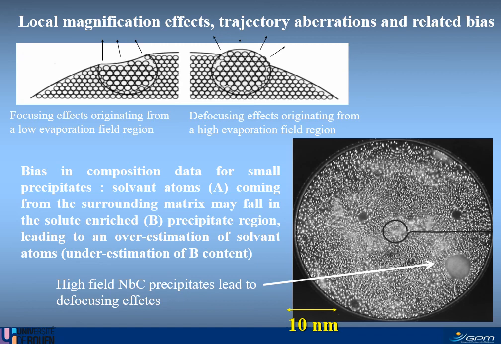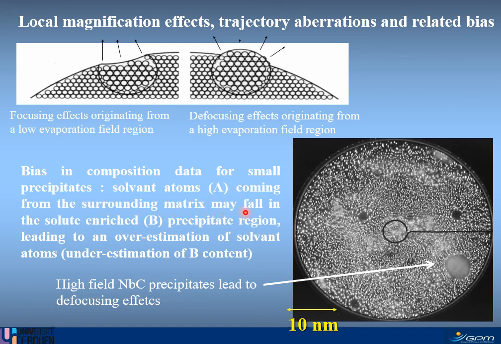So this is the first effect: your reconstructions will not be accurate. But the second consequence is that you will have bias in composition data, in particular for small precipitates. And the reason for that is that you can have solvent atoms coming from the surrounding matrix.